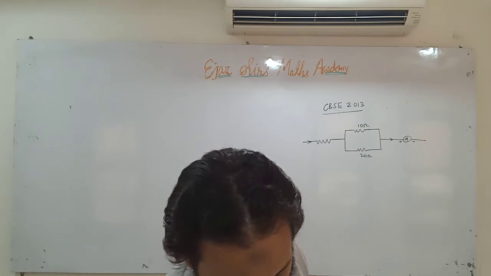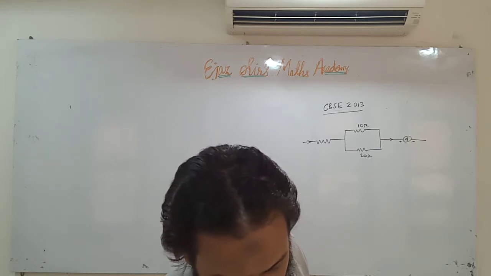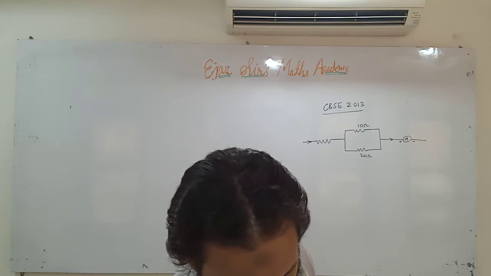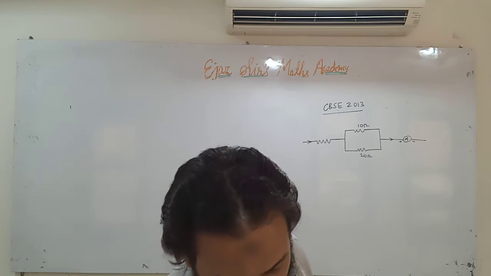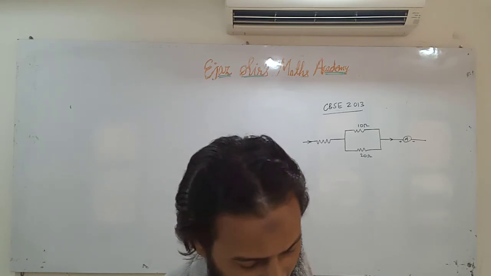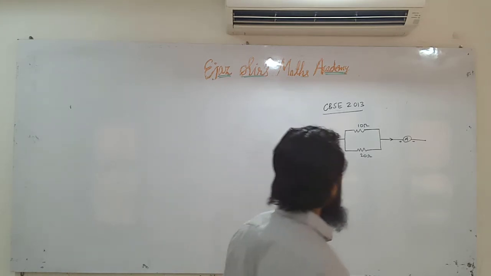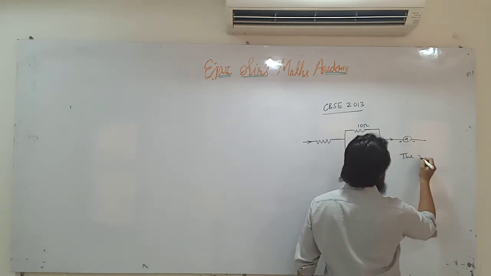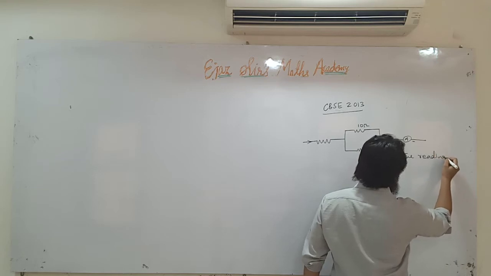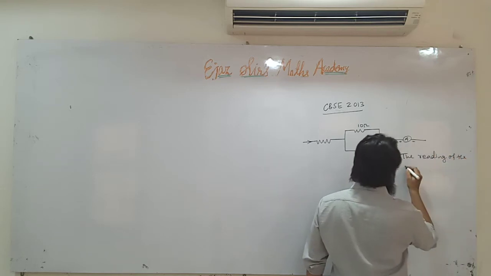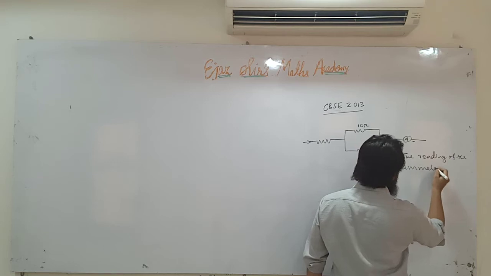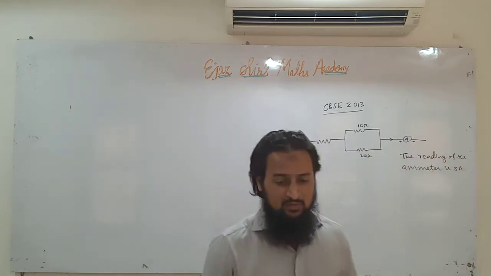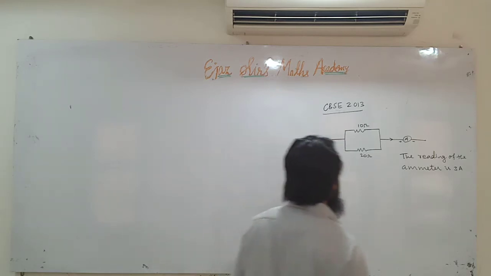Where is the voltage? What is the current? Find. The figure given below shows a part of an electric circuit. The reading of the ammeter is 3 ampere. Okay, the hint is already given.